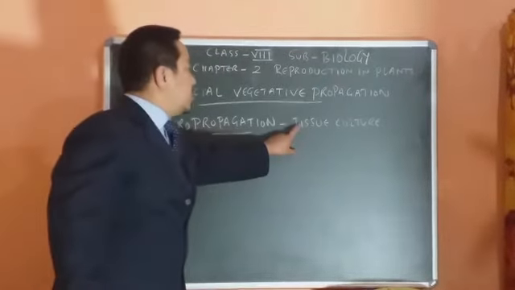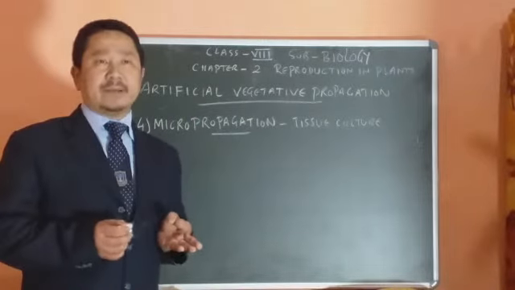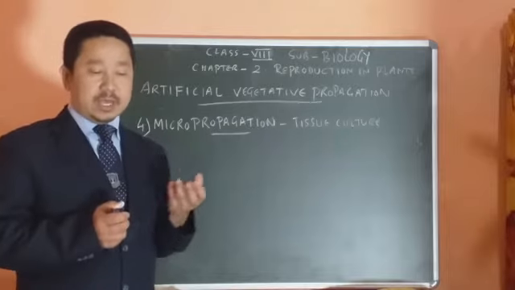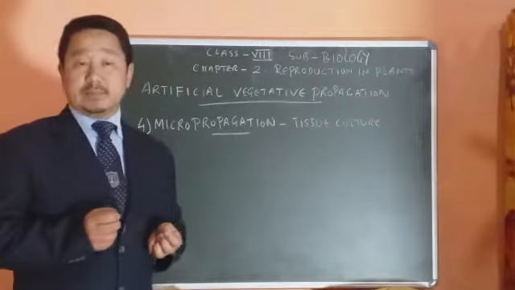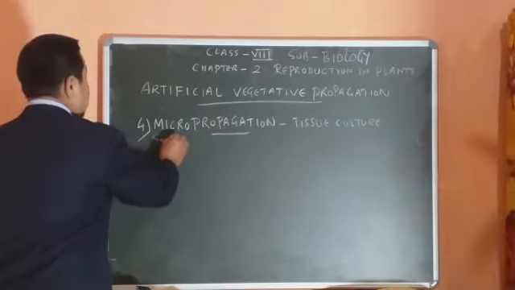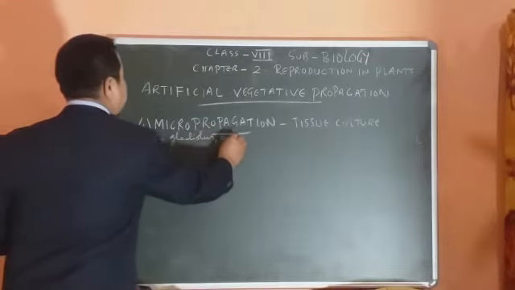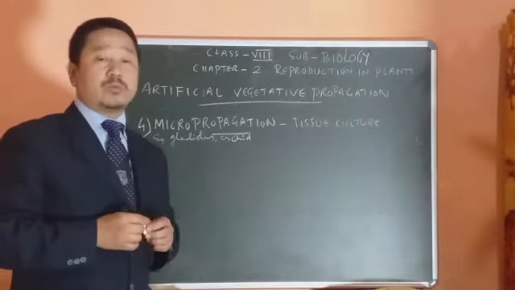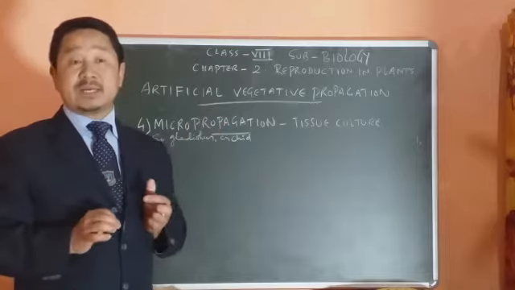Micropropagation is tissue culture only, where it is applied to those plants whose vegetative parts cannot be used for propagation. In such cases, micropropagation can be done, like in gladiolus and orchid, where a big vegetative part is not needed.